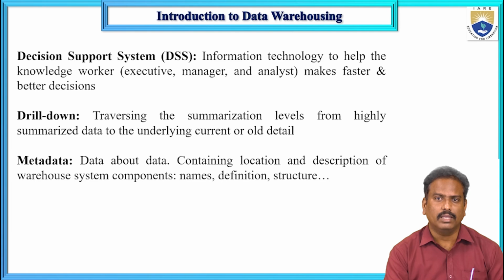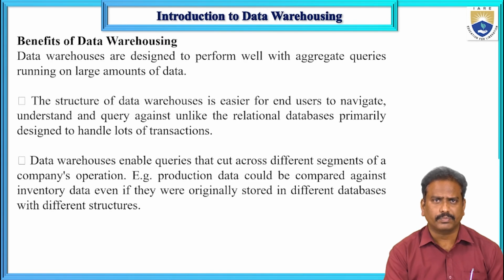You are defining the data, telling about some other data. That is data about data, which we call metadata. It contains the location and description of data warehouse system components, names, definitions, structures. We'll be discussing everything.